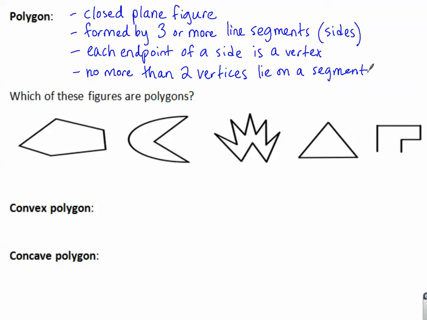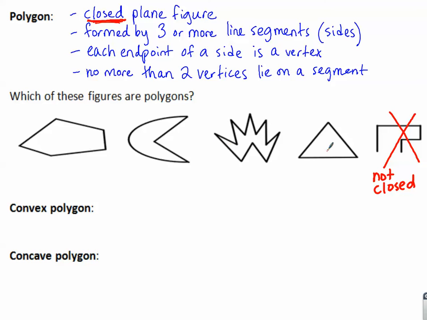So some shortcut things to think about as we look for which of these figures are polygons. Closed plane figures. So closed. Which one of these is not closed? This last one is not closed, so this one is not a polygon because it is not closed. What else? A closed plane figure is what we're looking for.